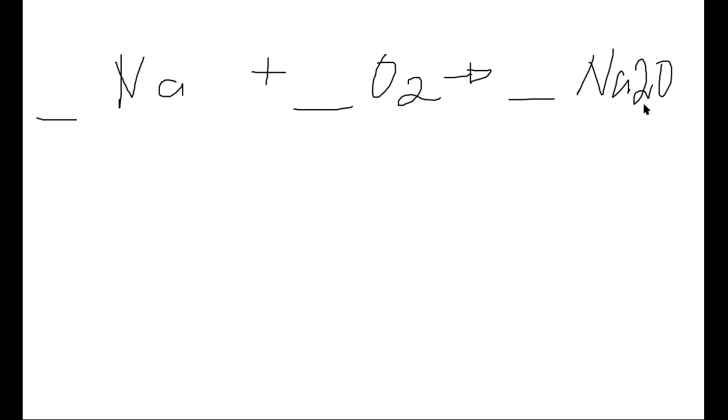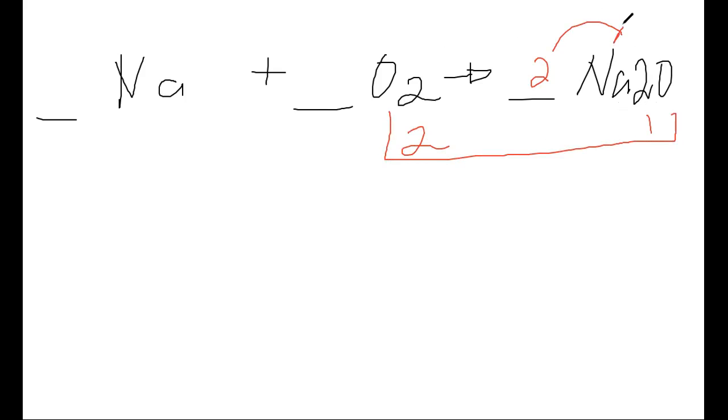We can already see that the number of oxygen on the left side is 2, while on the right side is 1. For the number of sodium in the left, it's 1, and for the right side, it's 2. We're first going to balance the oxygen. Okay, so 2 divided by 1 will be 2. We can already see that both of the oxygens are already now balanced.